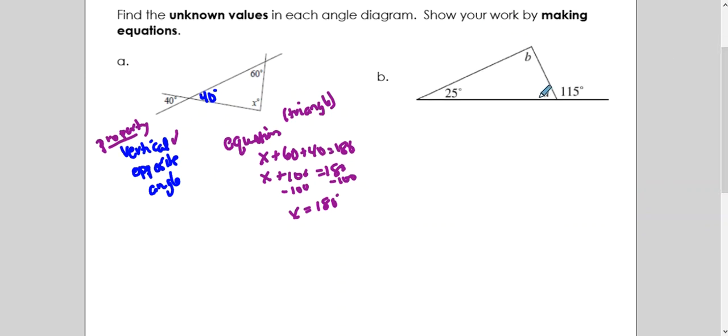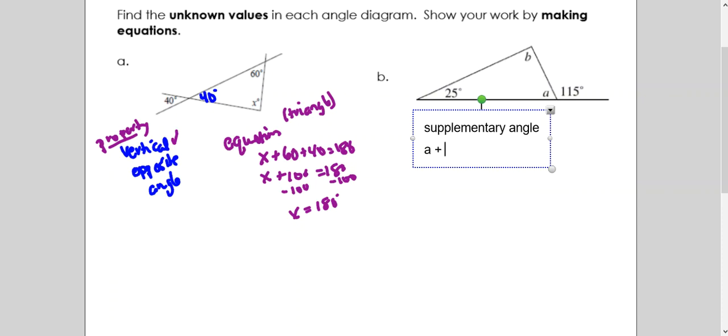Here's another problem. I've got to solve for A and B. Well, what do we know? Can I add A plus B and 25 to solve for A and B? No, but maybe I have a supplementary angle. So I have a supplementary angle with the A and the 115.